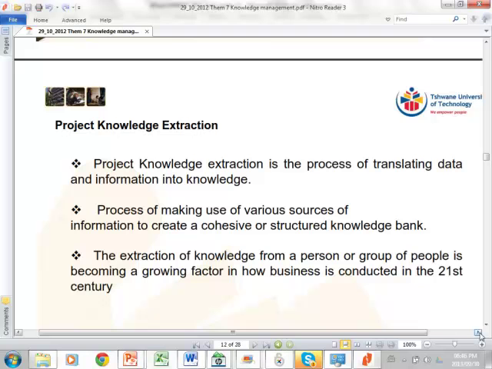We've already spoken about the structure and that it's important to structure. The extraction of knowledge from a person or a group of people is becoming a growing factor in how business is conducted in the 21st century. So we can no longer, as 21st century workers, just be people that you can lock in an office, put the pizza under the door, and the work comes out.